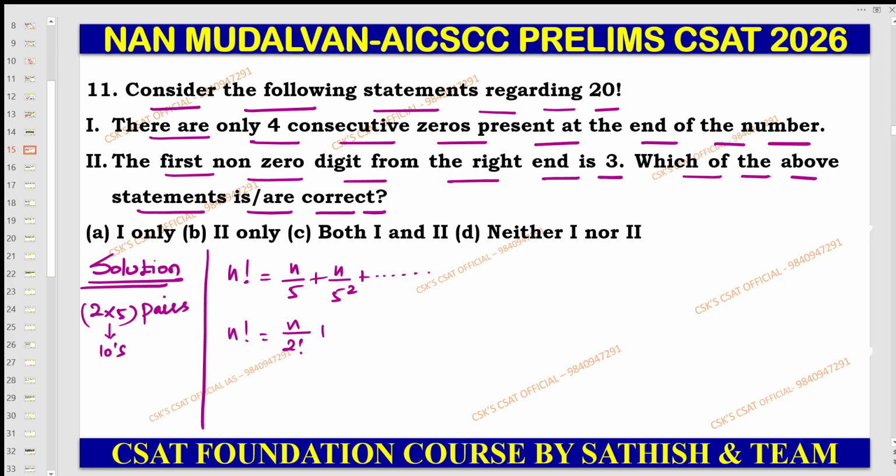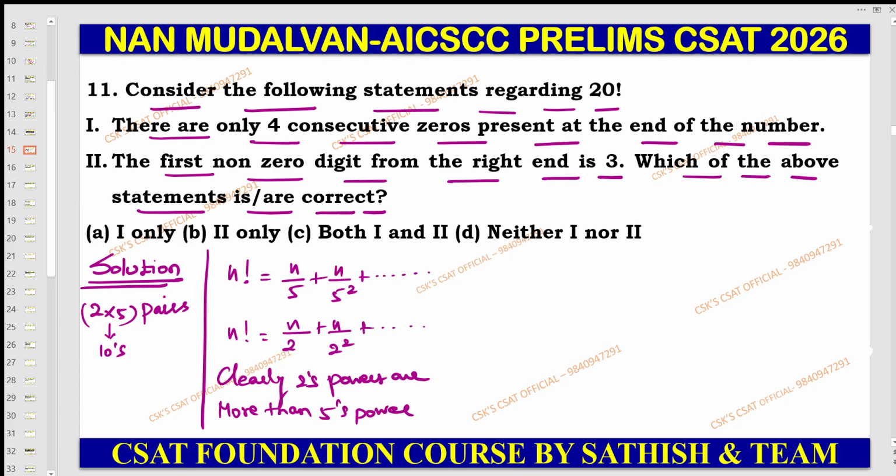In order to find out how many 2's and how many 5's are there, in this kind of problem you can see the 2's powers are more than the 5's power. So clearly 2's powers are more than 5's power. So in such a situation, you must find out how many 5's are there.